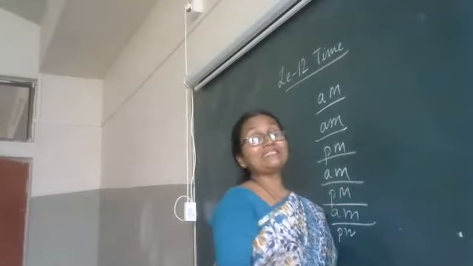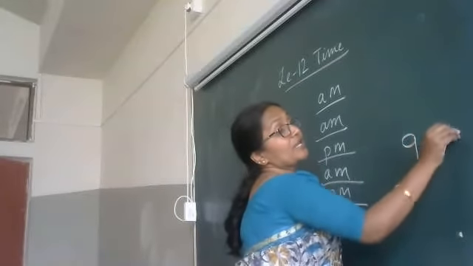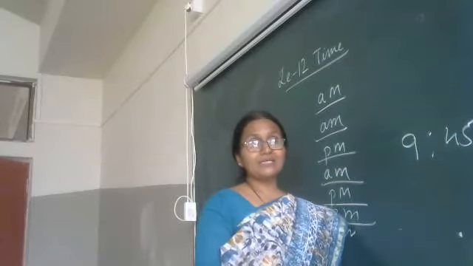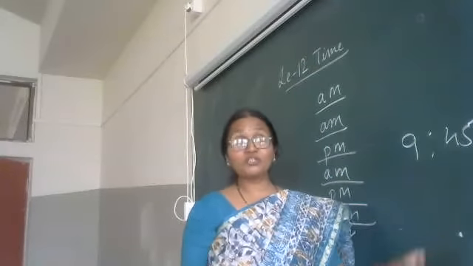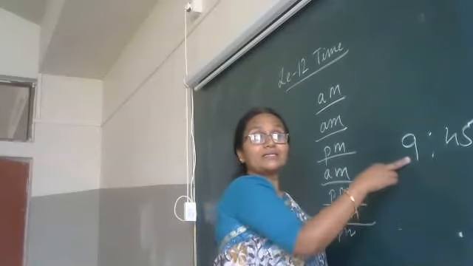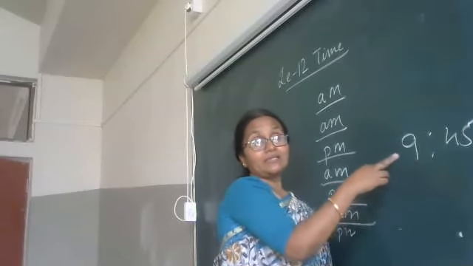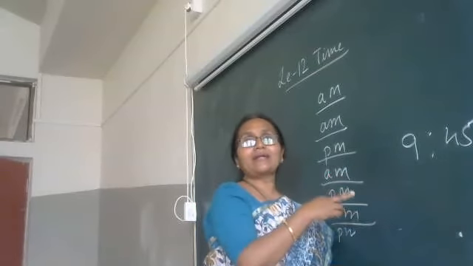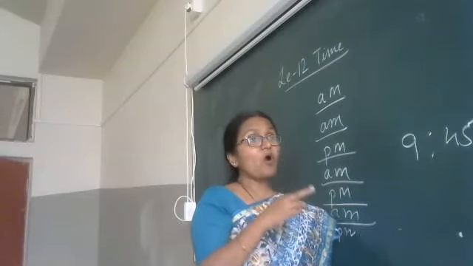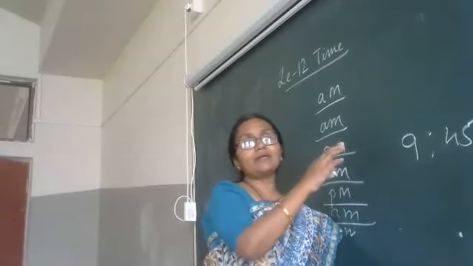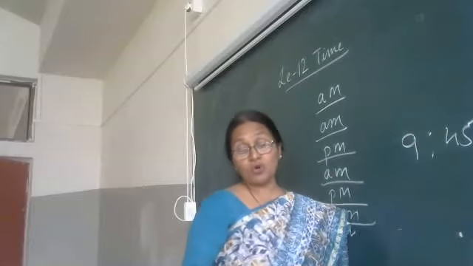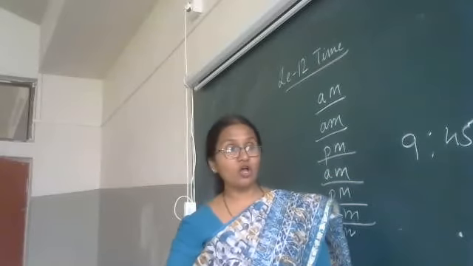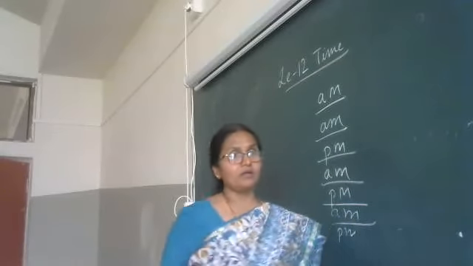Quarter to 10 means 9:45. It is to the next hour, that is 10. So the minute hand will be at 9 and the small hour hand will be near 10. That is 9:45, that is quarter to 10. Understood, all of you?